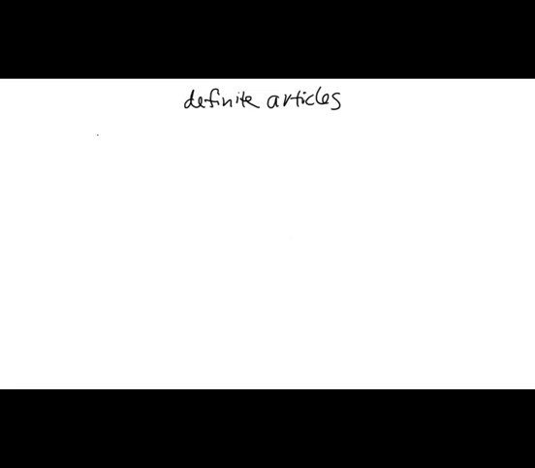In Spanish, we have four forms of the definite articles. We have el for masculine singular, los for masculine plural, la for feminine singular, and las for feminine plural. So, for example, the book becomes el libro. The table, la mesa. The books, more than one book, los libros.